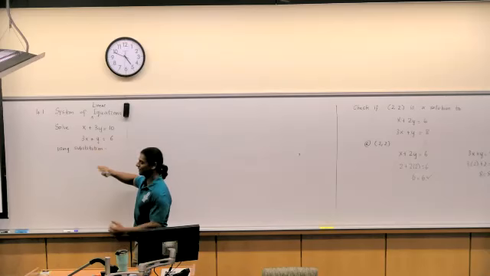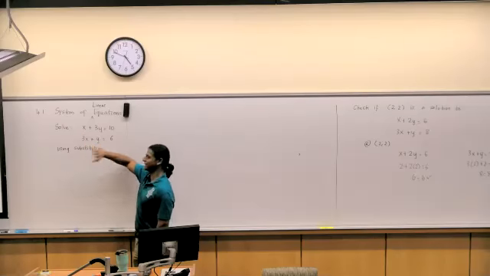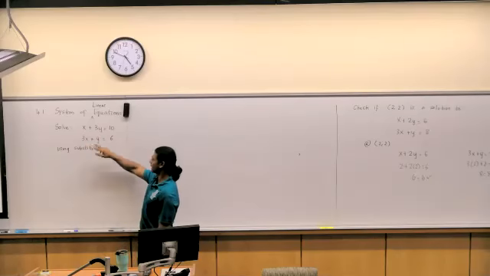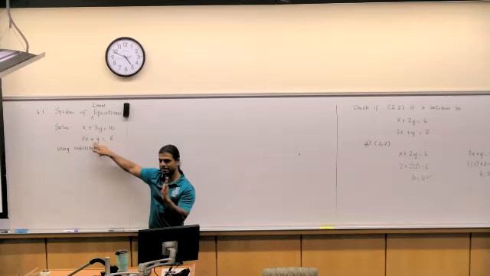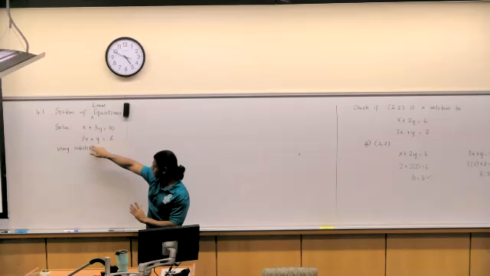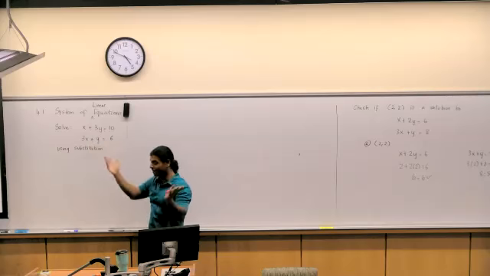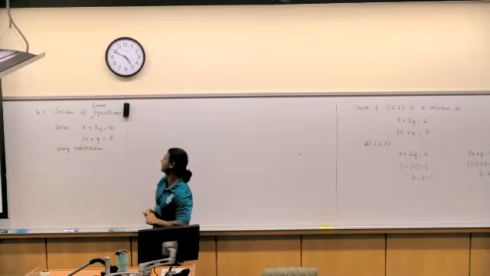Why not y? I can rewrite x, or I can rewrite y. In this problem, both x and y are easy choices, right? Because I don't have anything multiplied to them, they are by themselves.